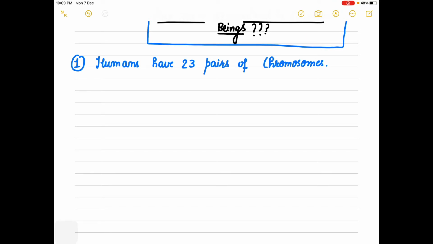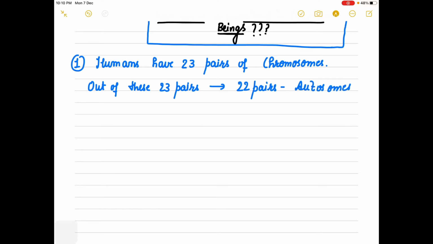Out of these 23 pairs, how many are autosomes? 22 pairs, they are autosomes, right? So how many are left? Only one pair. Only one pair is the sex chromosome.